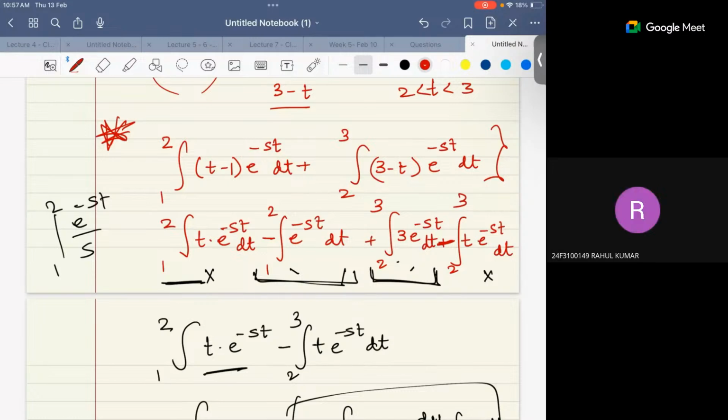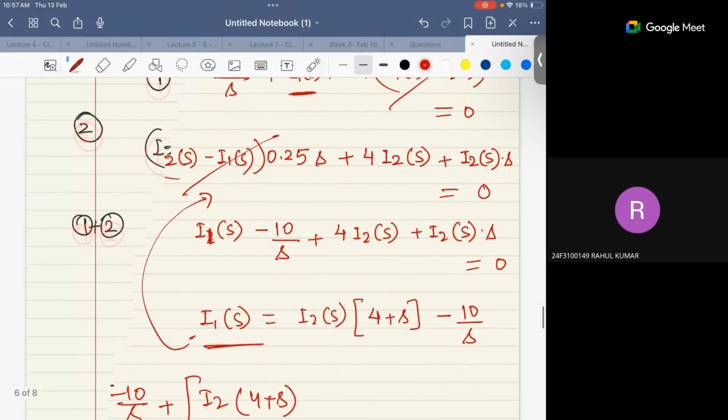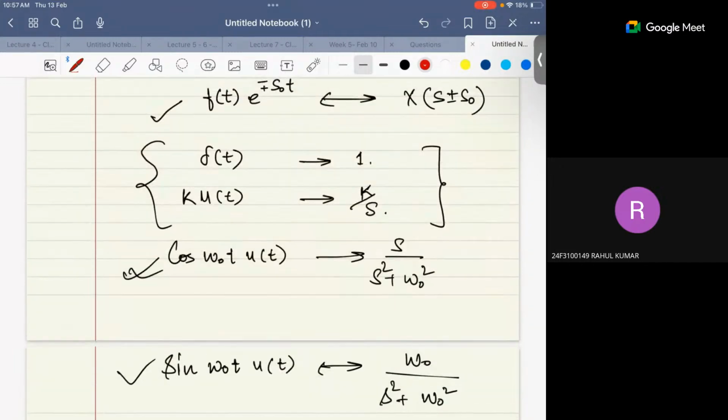So we can use that, but limits will be changed according to s, I think. No, you can't use this method, right? Because whatever has been defined, you can't use that, because that has been done for a different limit, from 0 to infinite or from minus infinite to infinite.